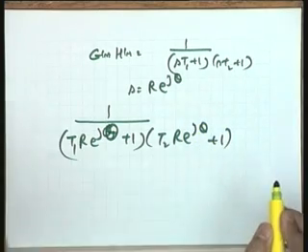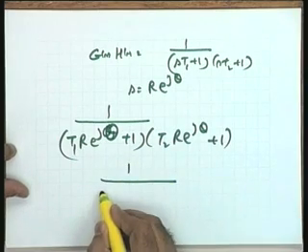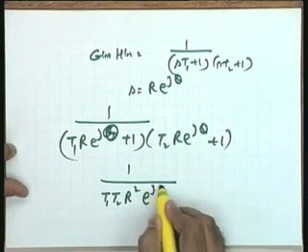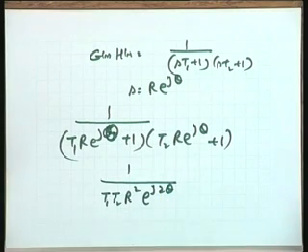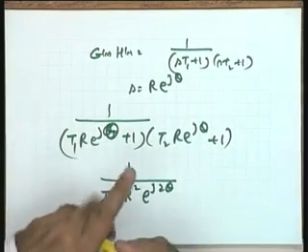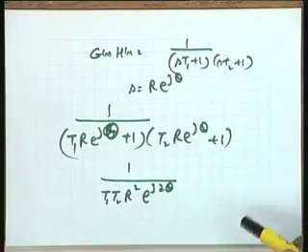Now, if r goes to infinity, in that particular case this function becomes equal to 1 over T1 T2 r cubed e to the power of j3 theta. Please see, r a very large value, let it not go to infinity, r a very large value, it is T1 T2 r cubed e to the power of j3 theta. Help me, what is the magnitude and angle as far as this function is concerned?